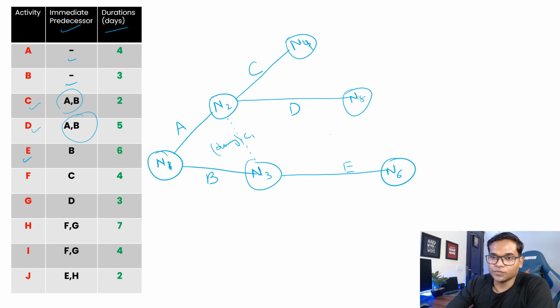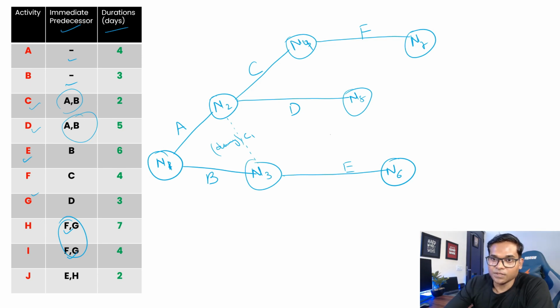Now let's move to F. Now F is starting after C, right? So we'll just, what was that? N7. Okay, and this is your F. And if you see, F is also starting after C, but then F and G are converging at the same point, right?